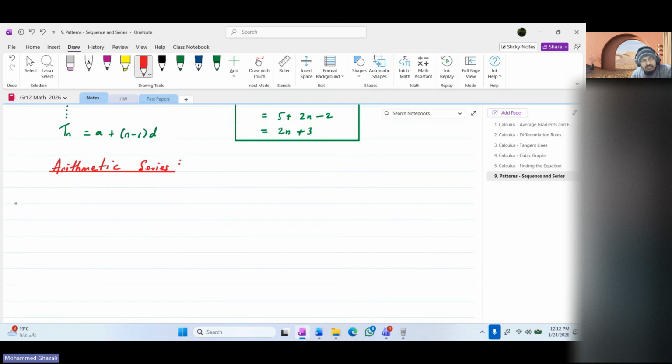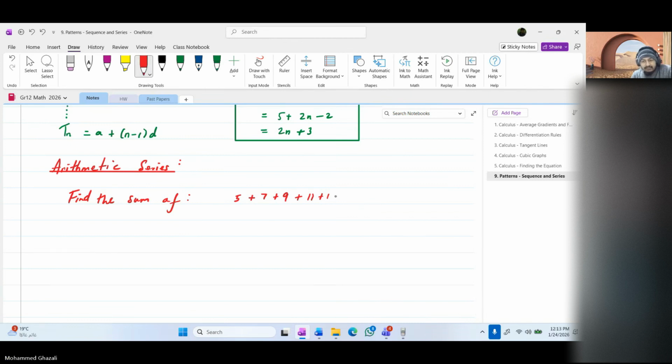So if I say find the sum of 5 plus 7 plus 9 plus 11 plus 13. If I want to find the sum of this, now remember, what if there are many numbers?